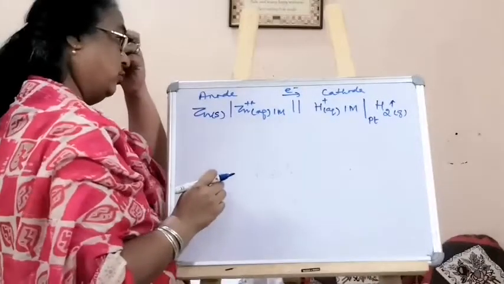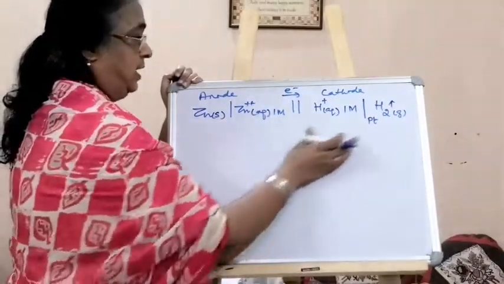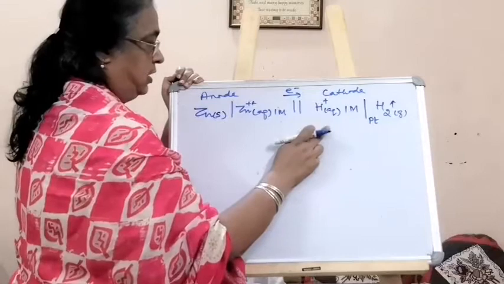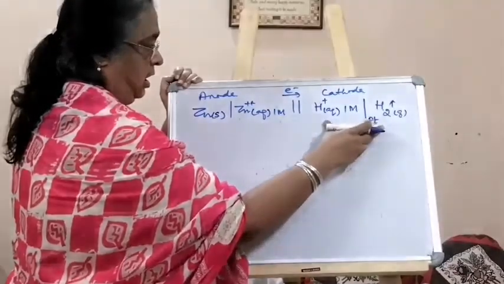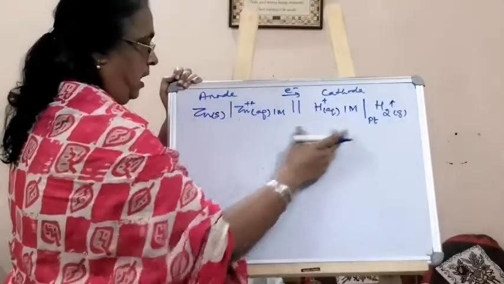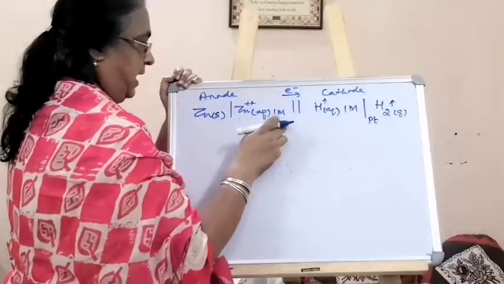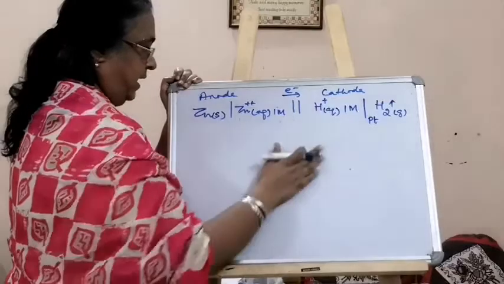So this is only a method of presentation. So here you know that this is your cathode. So electrode potential of this half cell is 0. And so whatever reading you will get, that will be of this half cell.